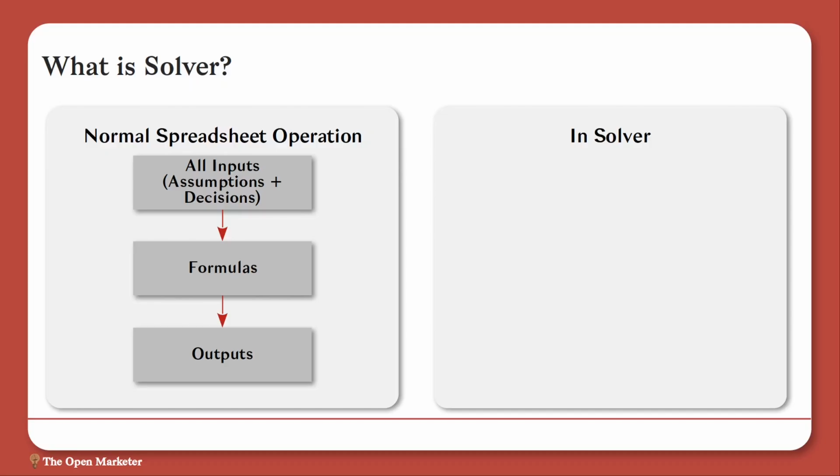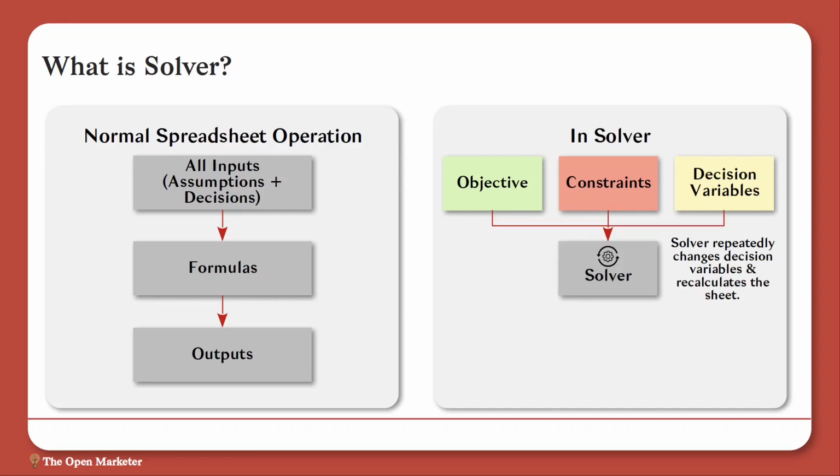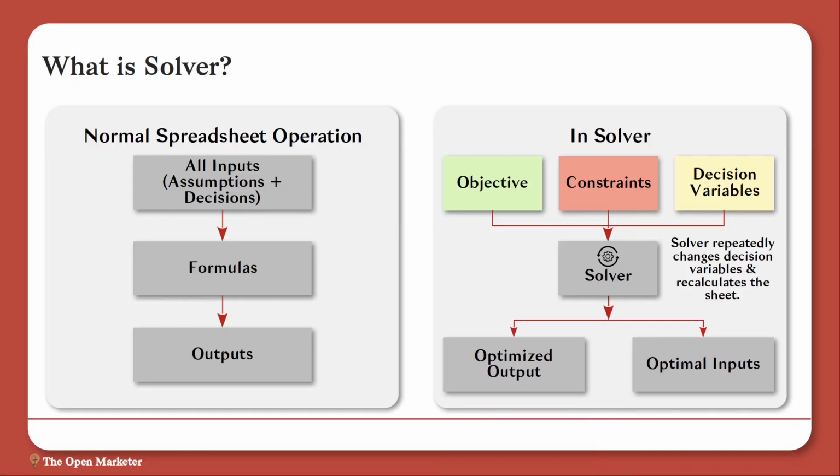In Solver, there are three sets of inputs: an objective that you want the solver to work on, constraints that tell the solver what's possible and what's not, and decision variables that the solver changes. All these go into the solver, which then changes decision variables repeatedly to finally get an optimized output and optimal inputs. So how does it work?